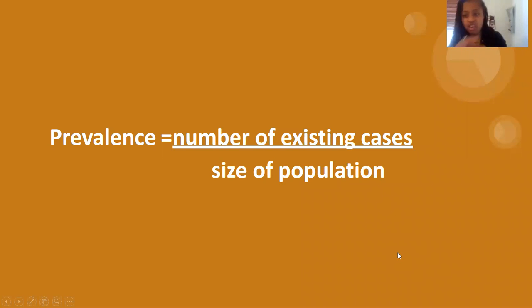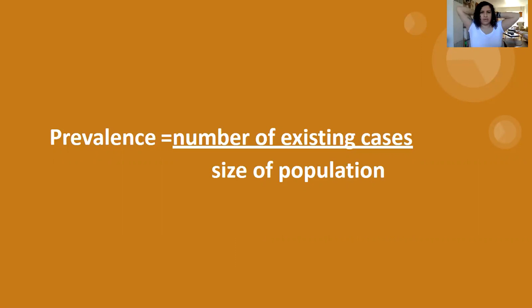So say we had 1,000 people, and that was our population. And then we saw that out of 1,000, that would be the bottom number, the denominator, 100 of them had kidney disease. So it would be 100 over 1,000.